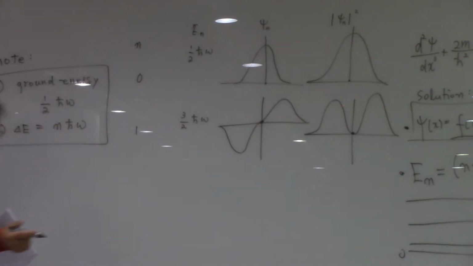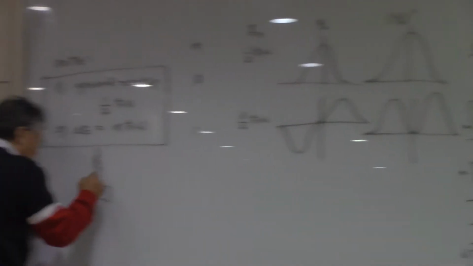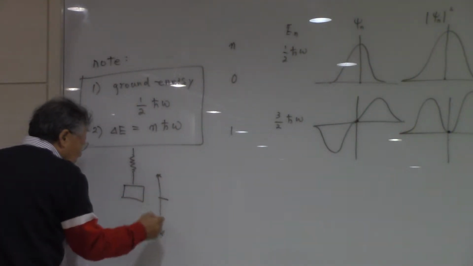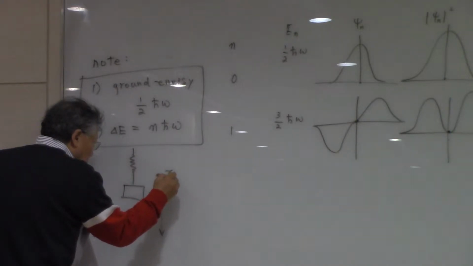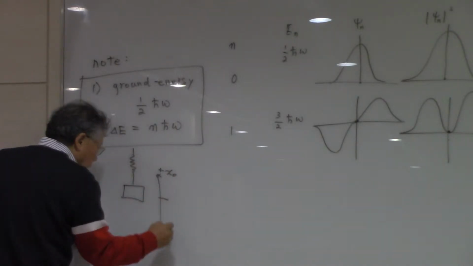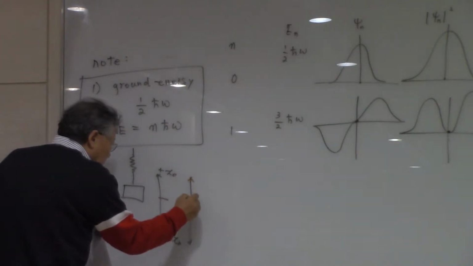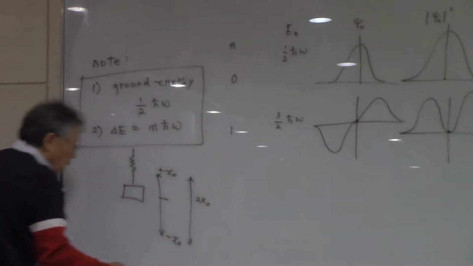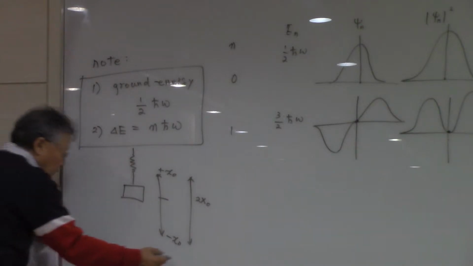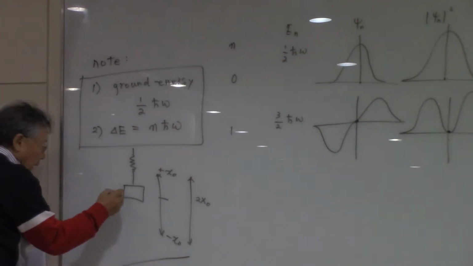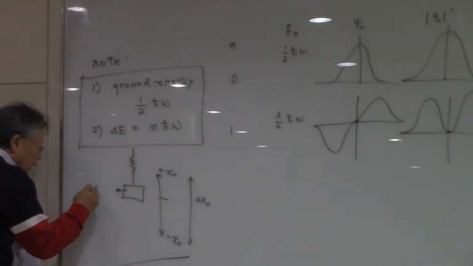In a classical theory, when the oscillator is oscillating in between plus x naught and minus x naught, so that the total length, let's say, is 2x naught, what we can see is that at the center, the kinetic energy is maximum.